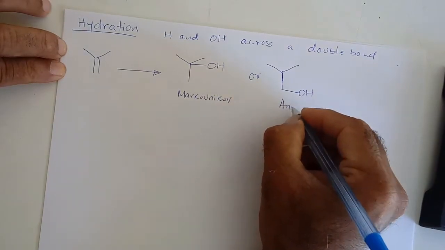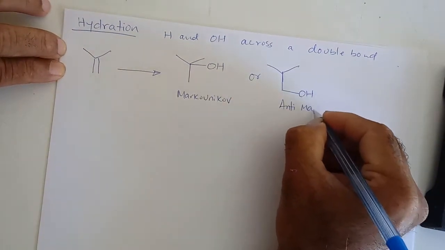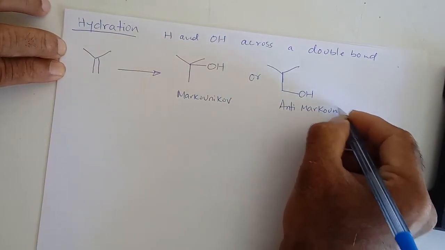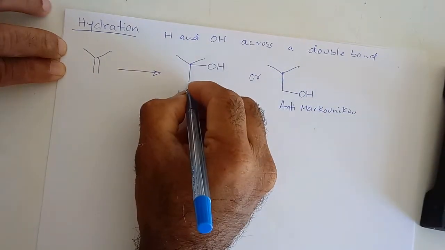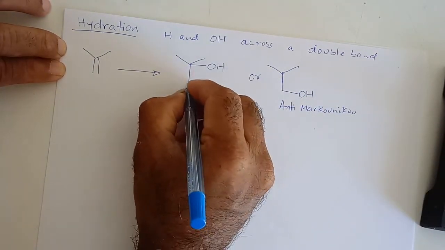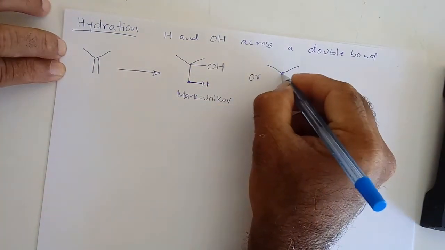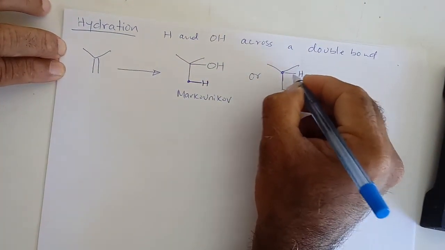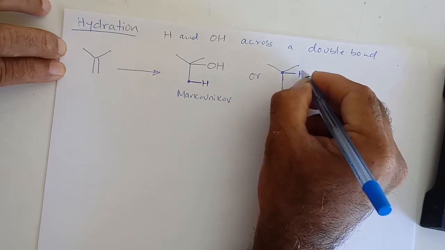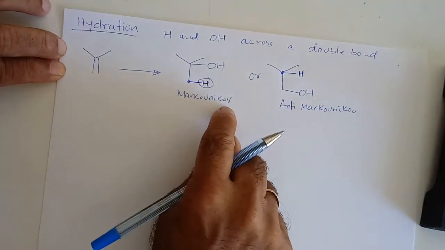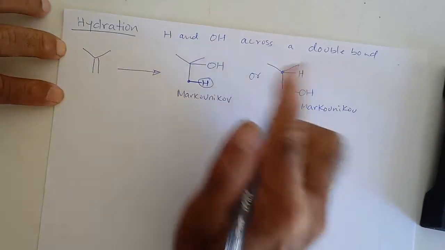This is anti. Why so? Because Markovnikov said H always goes to the less substituted carbon. In this case, H went to the more substituted carbon, right? So this is a Markovnikov product, this is an anti-Markovnikov product.